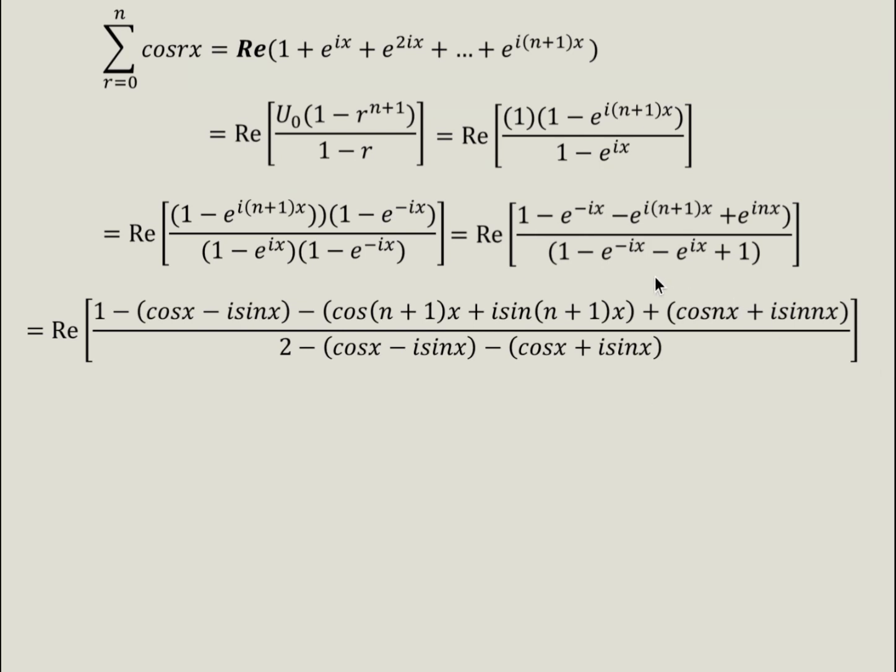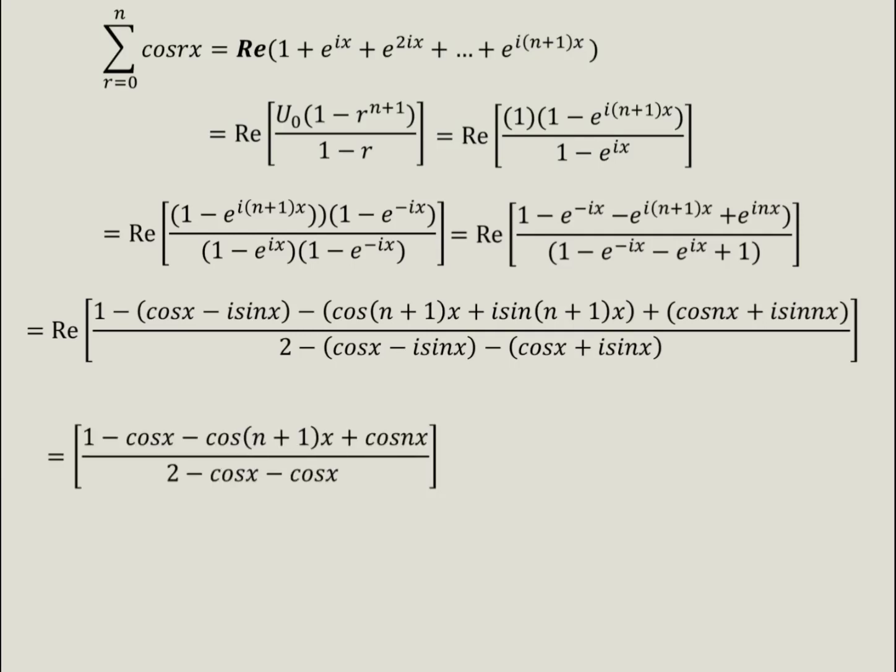At this point, the real part of the numerator would be 1 minus cos x, then minus cos (n plus 1)x, and then plus cos nx. Those are the terms that are real at the numerator. At the denominator, we would have 2 minus cos x minus cos x, because positive i sin x minus i sin x makes the imaginary part disappear, as the denominator has to become real.